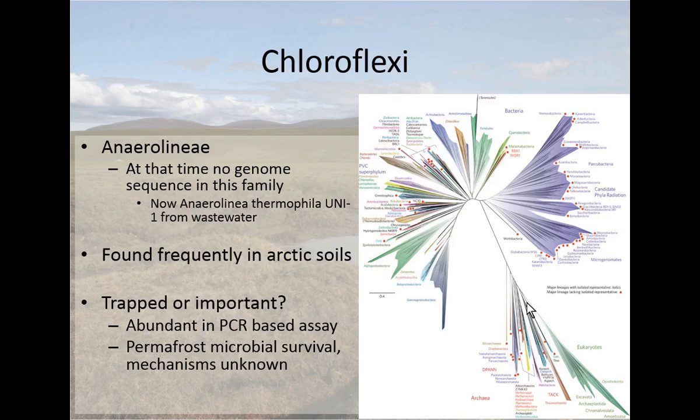Now there is one sequence from that phylum, so it seems to be really hard then to culture or to catch. But I found that it was frequently found in Arctic soils. And I was just wondering if it's trapped there, or is it really important, would that species give me some information on the microbial survival in frozen conditions, because those mechanisms are still unknown.